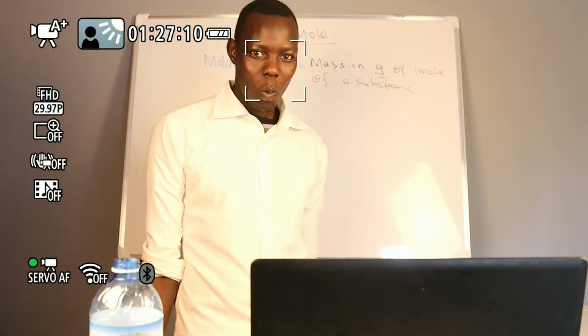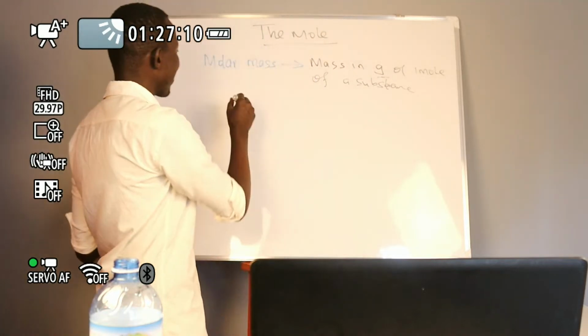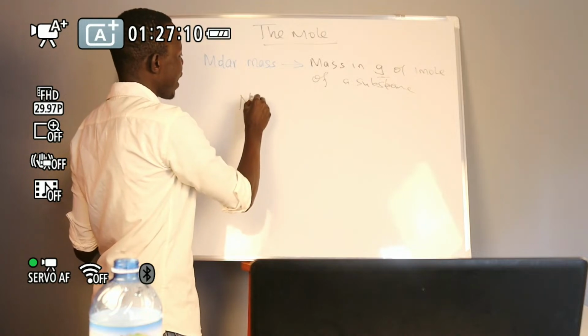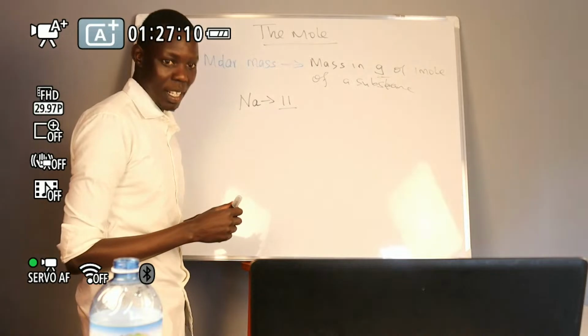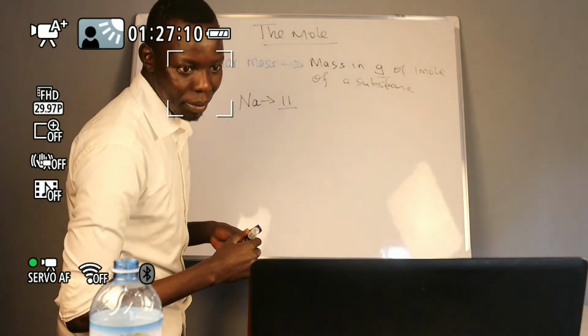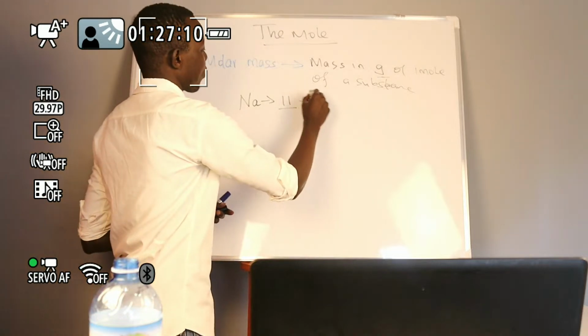What is the atomic number of sodium? It is 11. Sodium inaandikwa Na. Atomic number is 11. Mass number ya sodium, simulajua, 23.